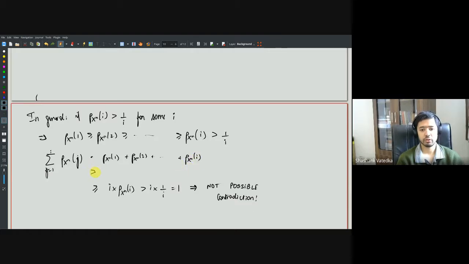I know that all of these are greater than 1 over i. So it is strictly larger than 1 over i plus 1 over i plus 1 over i, and so on, plus 1 over i. But how many terms are there over here? There are i possible terms, 1, 2 up to i. So it is i times 1 over i, which is 1.